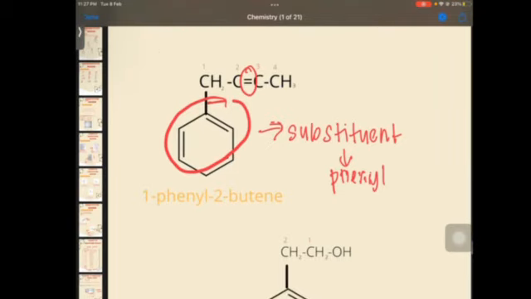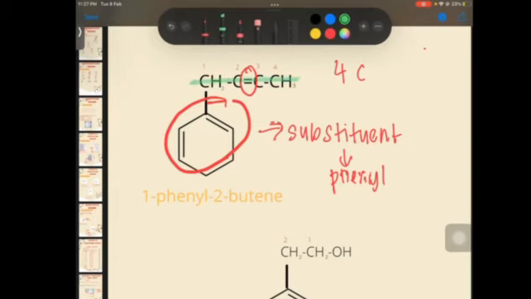So, kat sini dia akan jadi 1-phenyl-2-butene. Kerana kat sini kita ada 4 karbon.